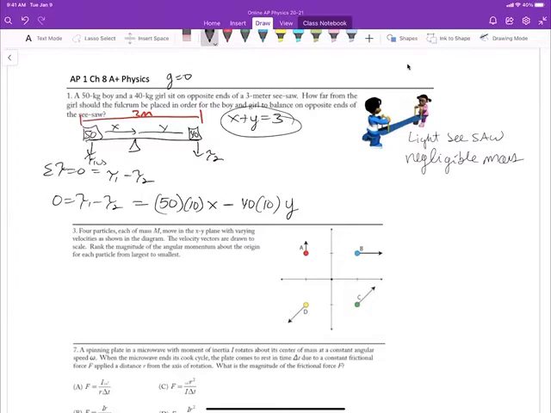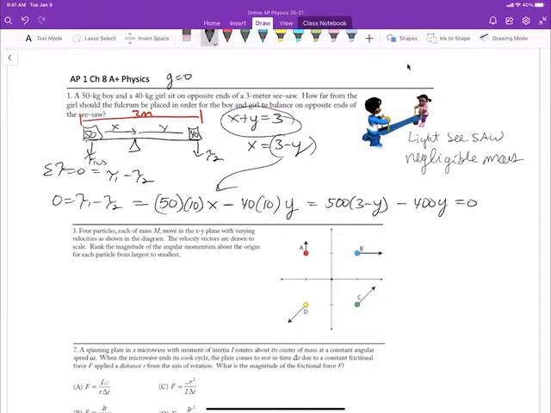So I can solve for x, which equals 3 minus y, and plug that in for x. So now I have 50 times 10, it's 500, and I'm going to multiply it times 3 minus y, minus 400 times y, and all that equals 0. And I will solve for y.